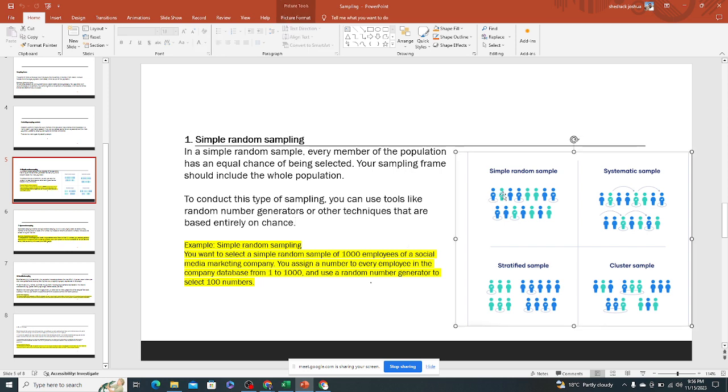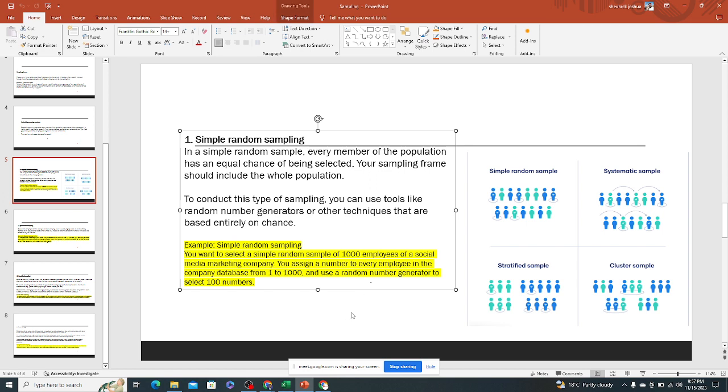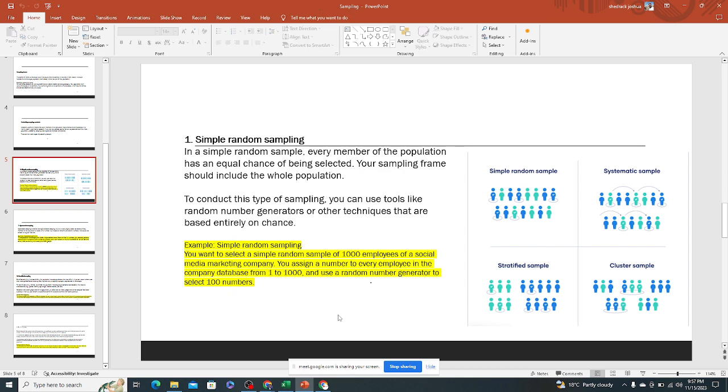You can see from this diagram we don't have any specific pattern. This person selected the first one, went to the fourth, the eighth, the ninth, the 11th. You are randomly selecting your sample.